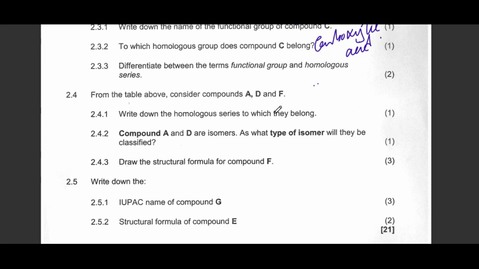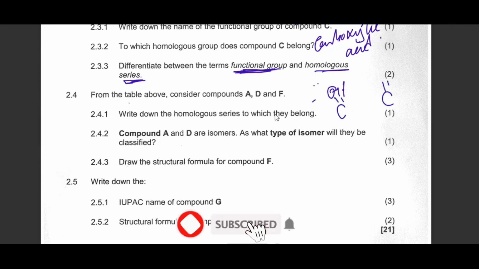When you talk about a functional group, not functional isomer, it must be a group of atoms. It can be one atom, it can be a group of atoms. For example, OH, or for ester, carboxylic acid, these are groups of atoms.